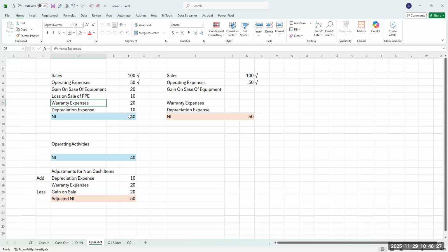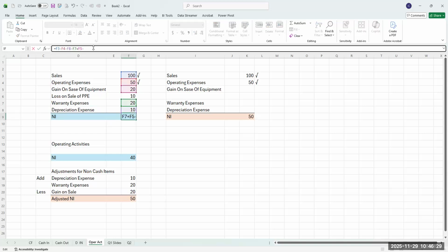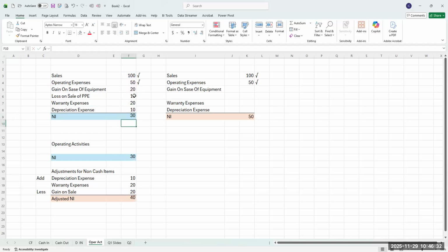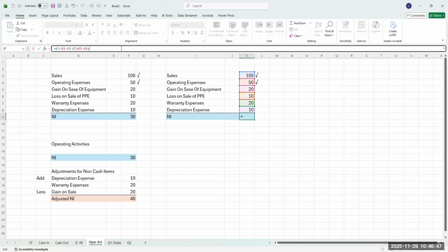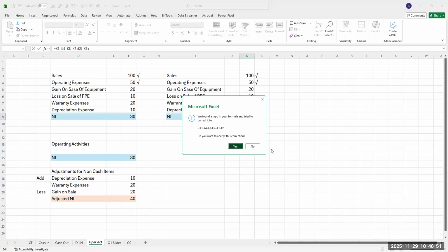Loss usually is going to reduce the income, correct? So if we have a loss, what do we have to do with that loss in order to normalize the income? We have to add it back, correct?